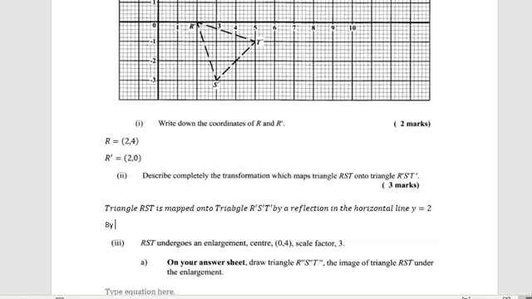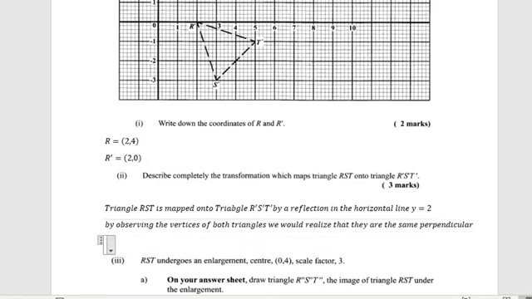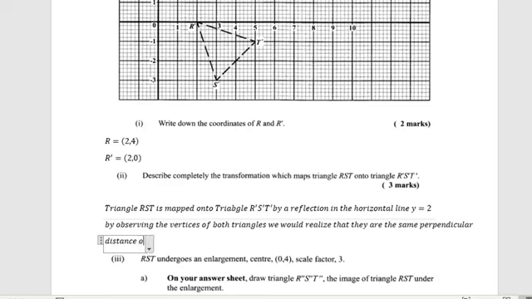So also by observing the vertices of both triangles, we would realize that they are the same perpendicular distance on opposite sides of the line y equal 2.